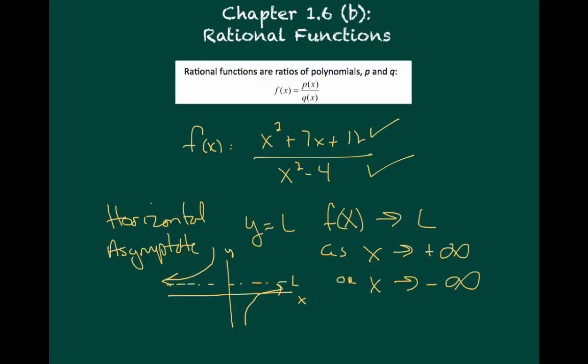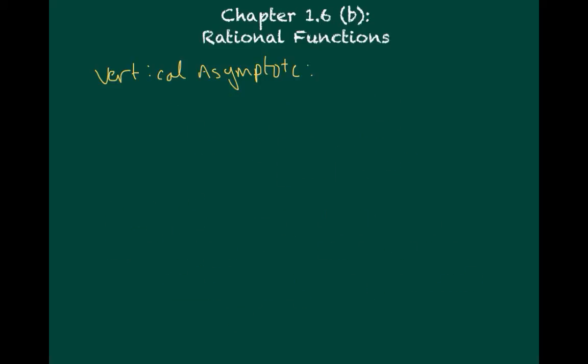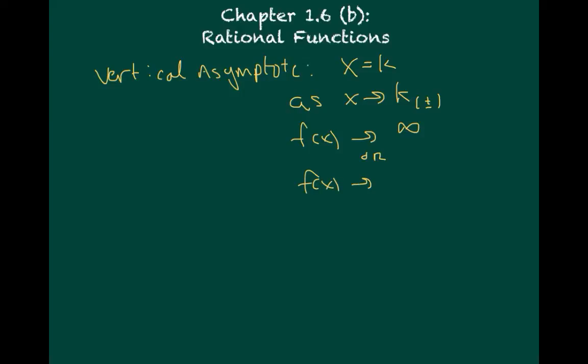Okay, let's look at a vertical asymptote. A vertical asymptote is a vertical line, let's call it x equals k, such that as x approaches k from either side, so from the positive or the negative side, f of x goes toward either positive infinity or negative infinity.